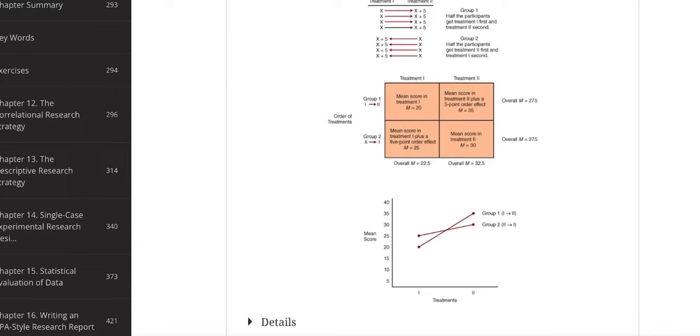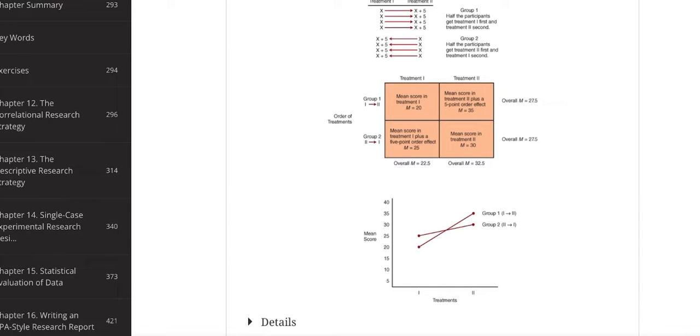And because the order effects are the same for both treatments, so here it caused a 5-point increase in group 1 when they went from treatment 1 to treatment 2. Treatment 2 ended up being 5 points higher than it originally was. And group 2, even though they had a different order, it still increased the second treatment that they got.